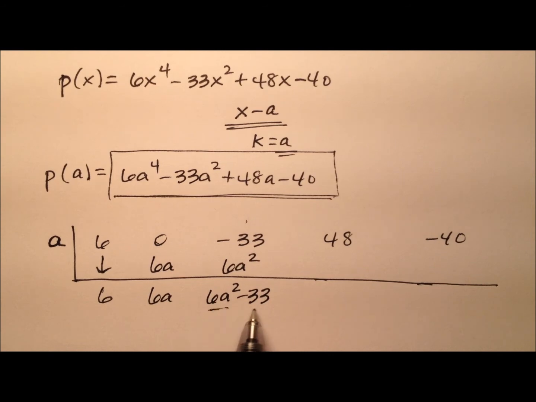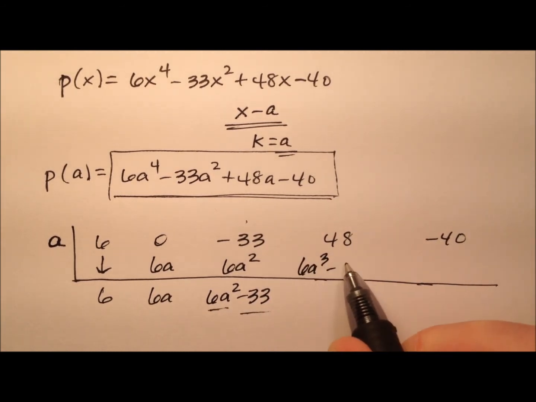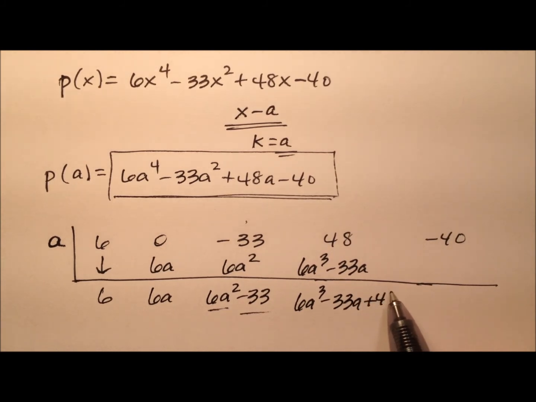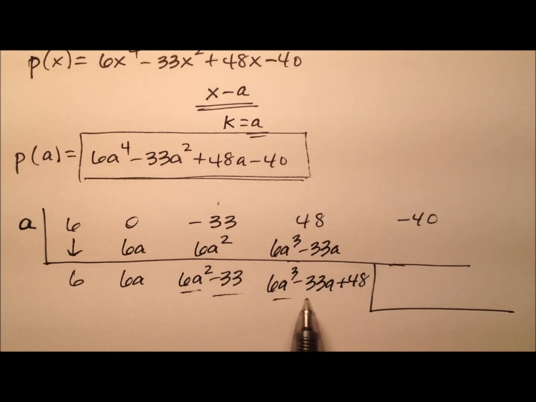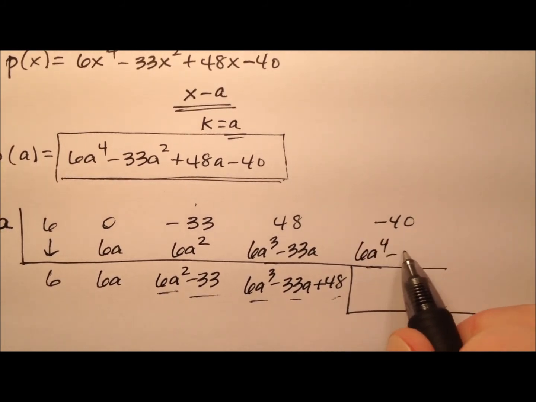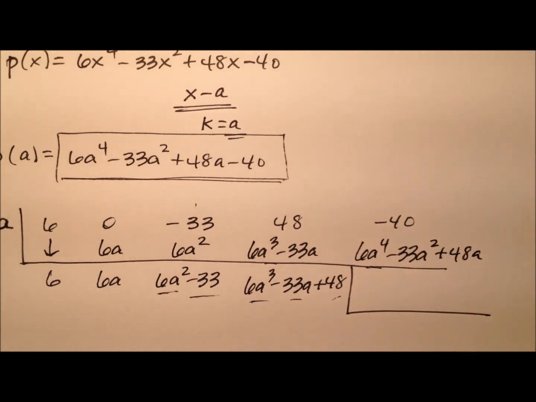Multiplying by a, I'll multiply it to both of those terms, so 6a cubed minus 33a. The addition here is 6a cubed minus 33a plus 48. Then finally, multiplying all three of these by a will give me 6a to the fourth minus 33a squared plus 48a.